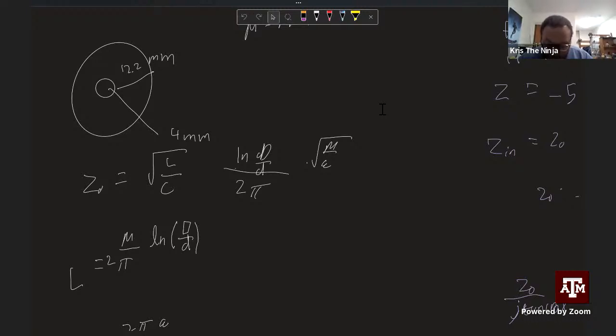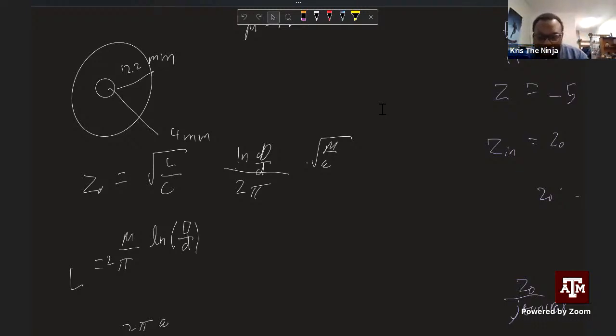Then we do mu. I have it saved in my calculator as u. So mu times 4, and then you divide that by 2 pi. Make sure you're using parentheses, otherwise you'll get an incorrect answer. I don't know how well the glare is going to be, but you'll notice I have parentheses around 2 pi.